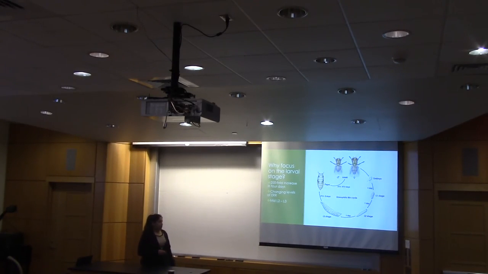We focus on the mid-L2 and mid-L3 stages because we expect a relatively high amount of ERR in mid-L2, and a decrease in the amount of ERR in mid-L3, because this is when it's stopping its growth and going into its pupa stage.